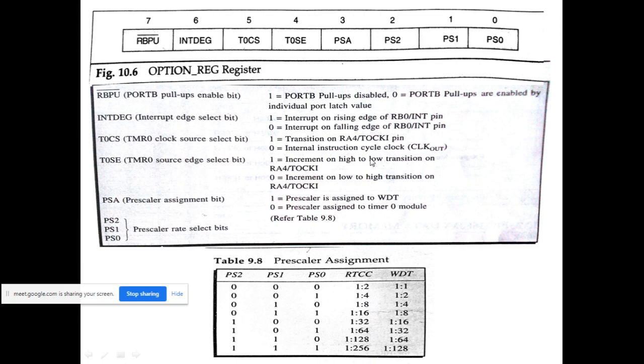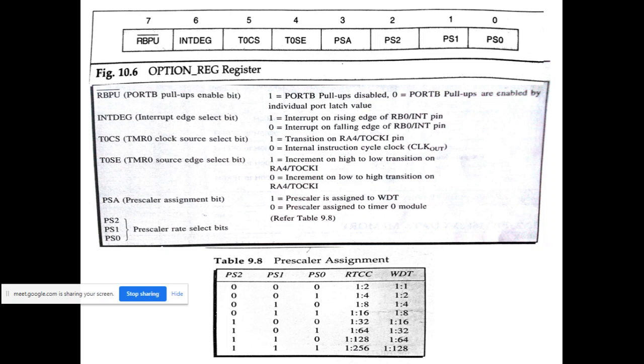Try to understand that because of this prescaler, effectively your timer becomes a 16-bit timer. When it is FF, the frequency will be effectively divided by 256.